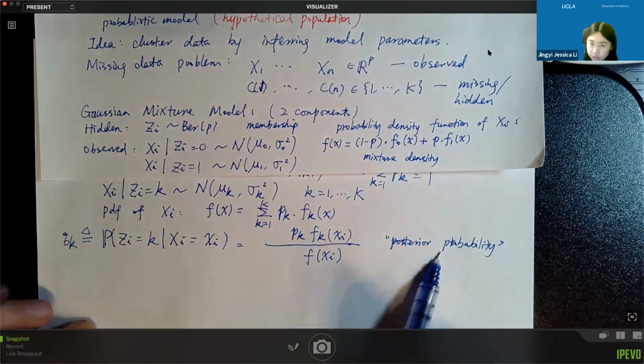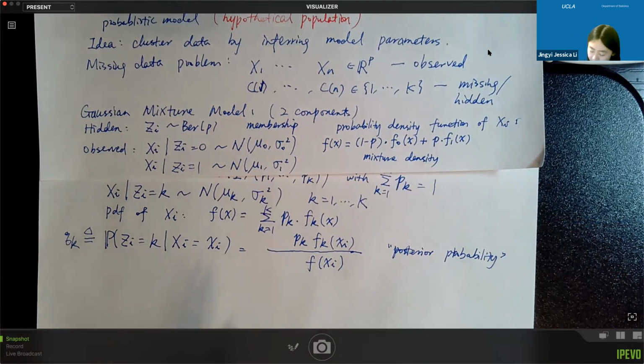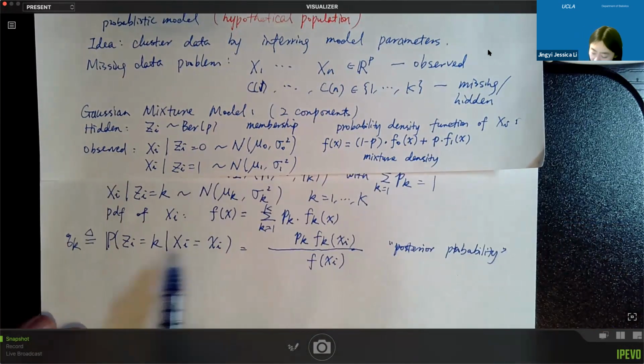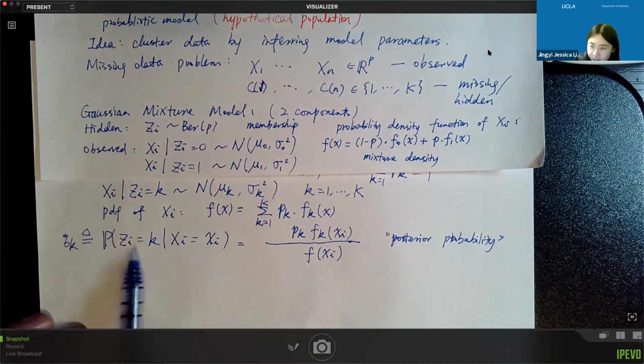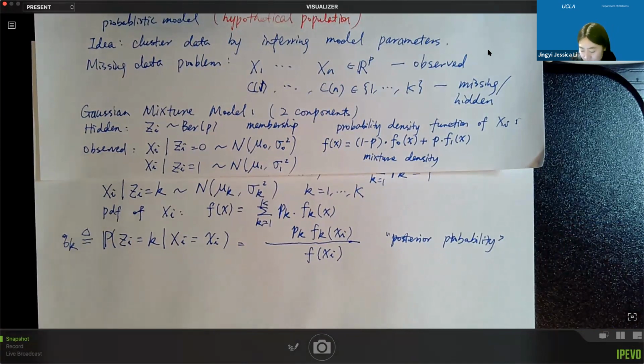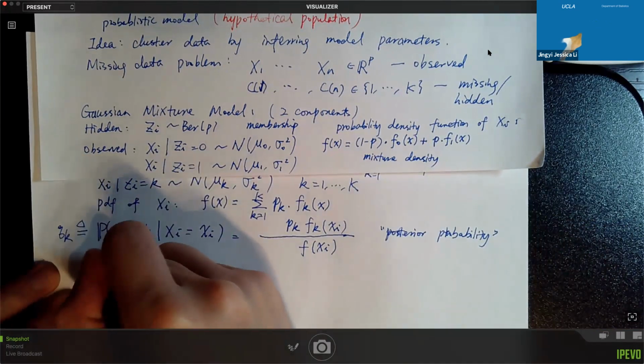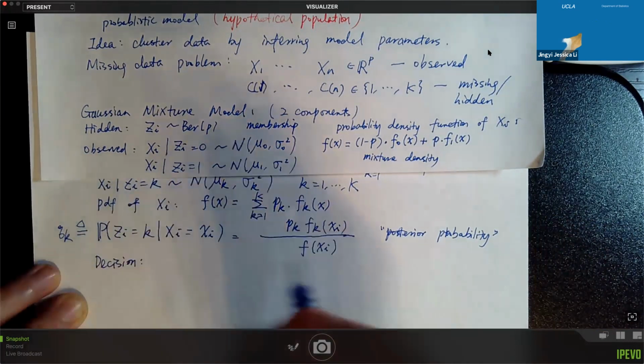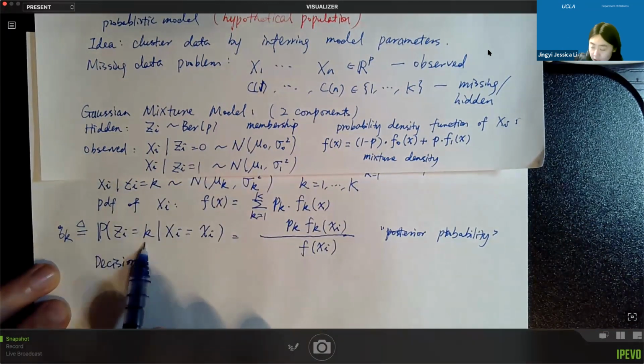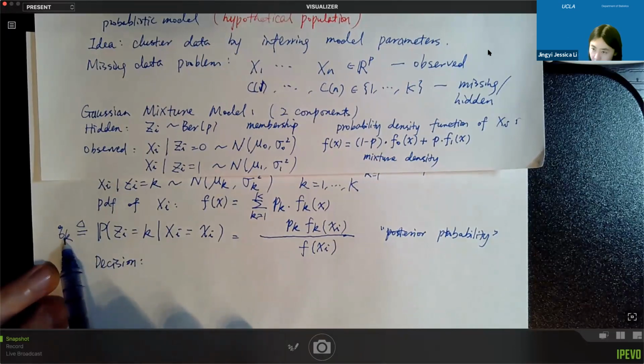Posterior is often used, we know this in the Bayesian sense, but here it means that we're conditioning on our observed data. We talk about the probability of our hidden variable, which is actually similar to a parameter because zi is not observed at all. We're interested in its probability given our data. So we call this a posterior probability. And then your decision is to assign data points to the cluster or community or component for which it has the largest qk.